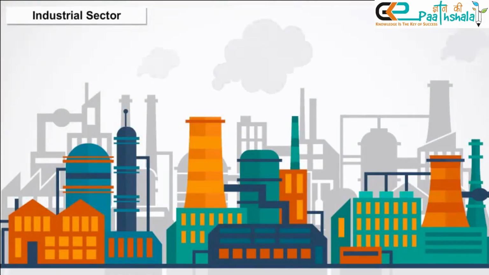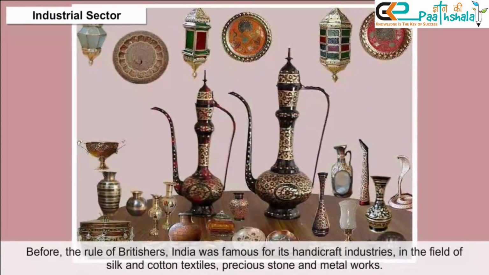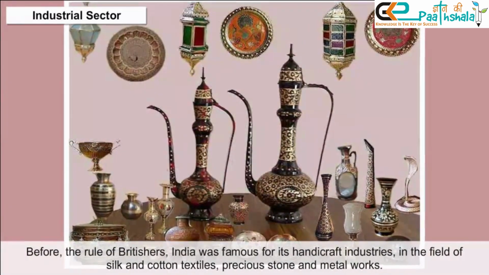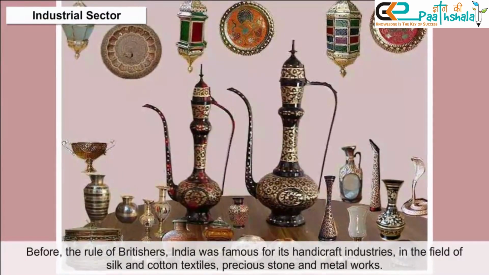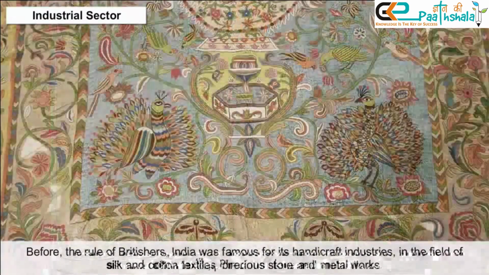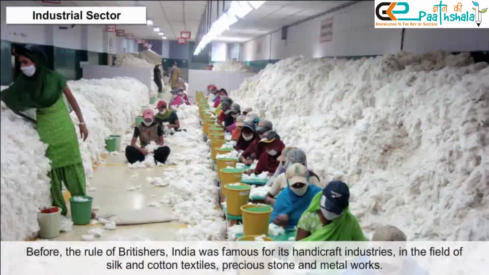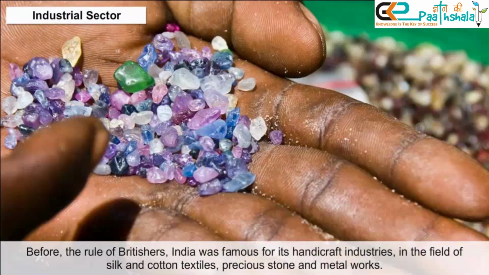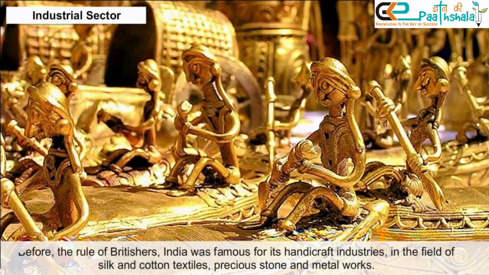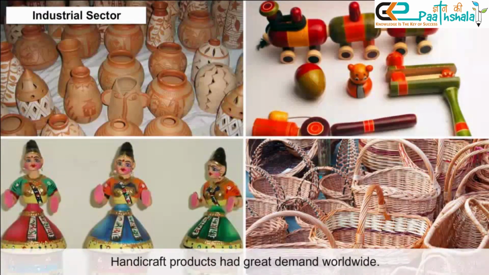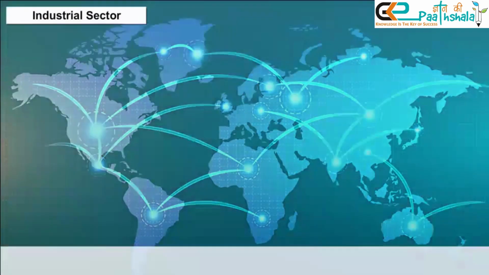Industrial sector. Before the rule of the Britishers, India was famous for its handicraft industries in the field of silk and cotton textiles, precious stone and metal works. Handicraft products had great demand worldwide.